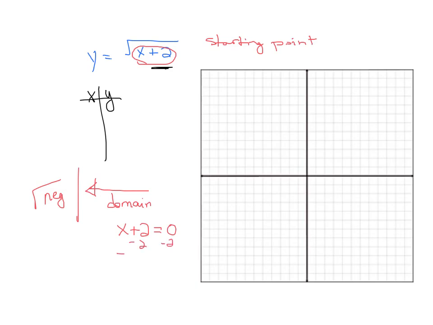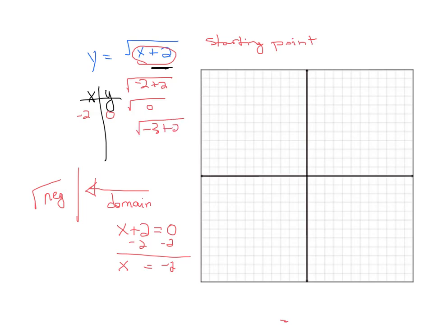Well, in this particular case, if x was negative 2, we would put negative 2 in. We will get the square root of 0, which is 0. Now, if we put anything lower than negative 2, like negative 3, we get something that does not work.